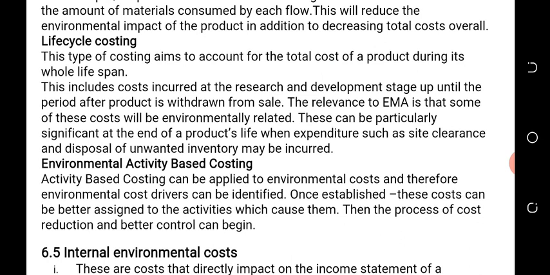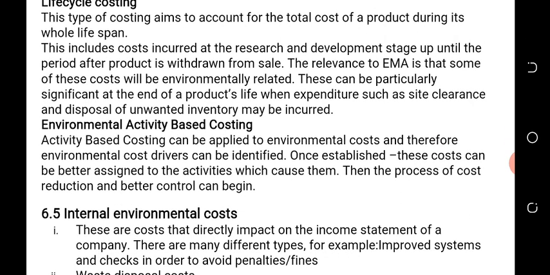So under each phase, what are those environmental costs associated with each phase? So you need to identify them. The relevance to EMA is that some of these costs may be environmental related. This can be particularly significant at the end of a product life when expenditures such as site clearance and disposal of unsold inventory may be incurred.